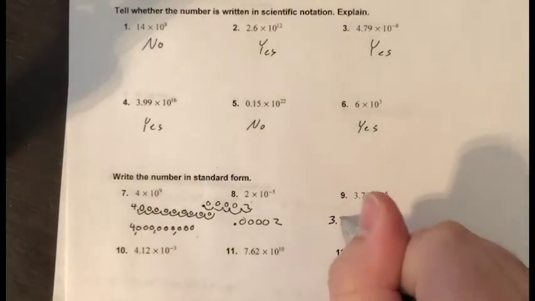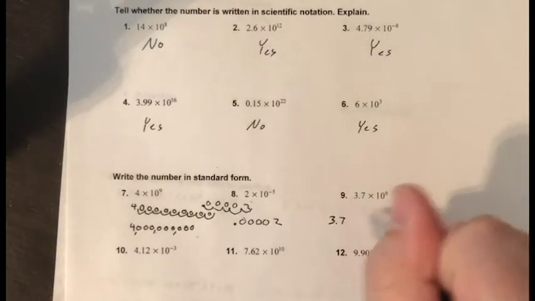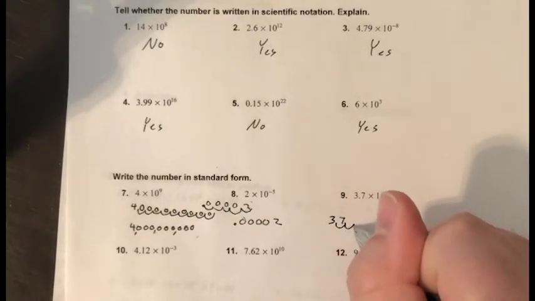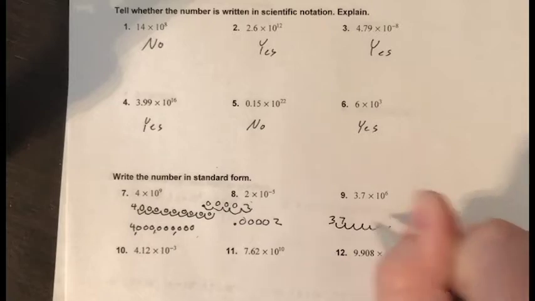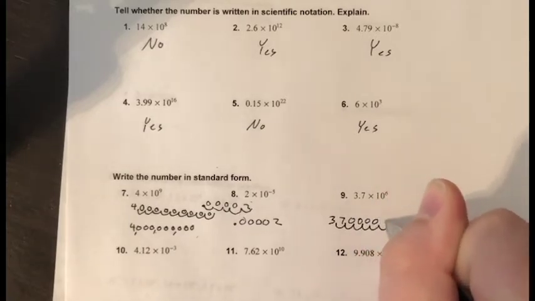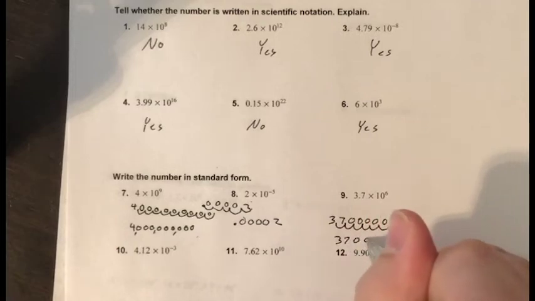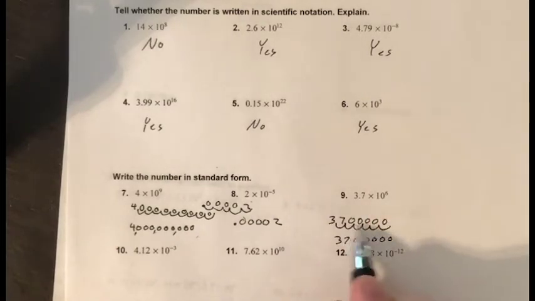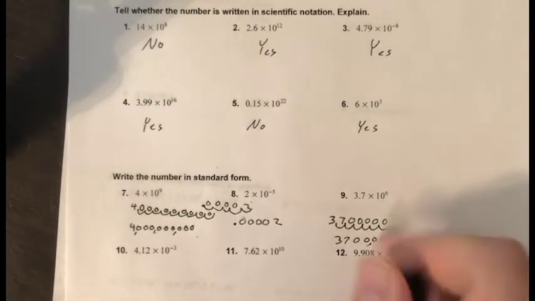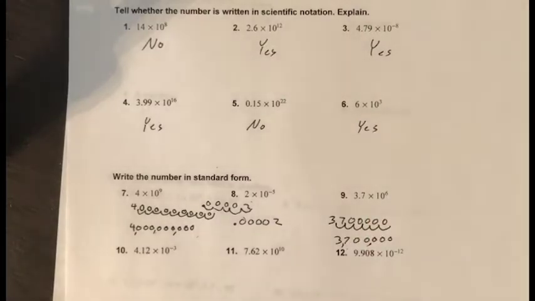So I'm going to go 3.7, and I'm going to move my decimal to the right 6 times. 1, 2, 3, 4, 5, 6. So my answer would be 3,700,000. So why don't you try 10, 11, and 12 on your own?